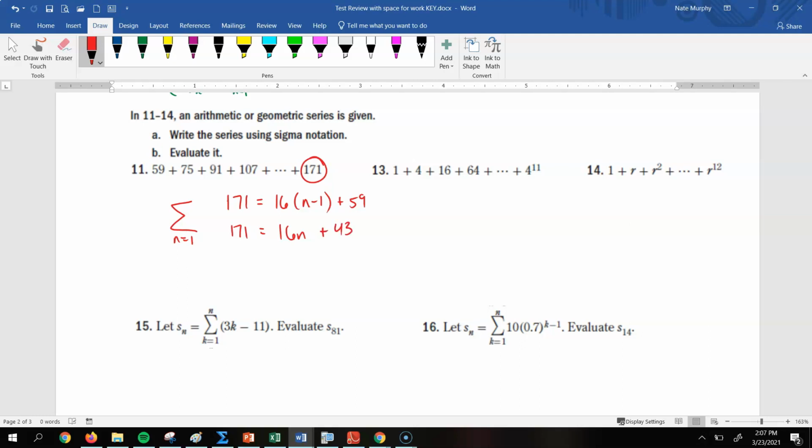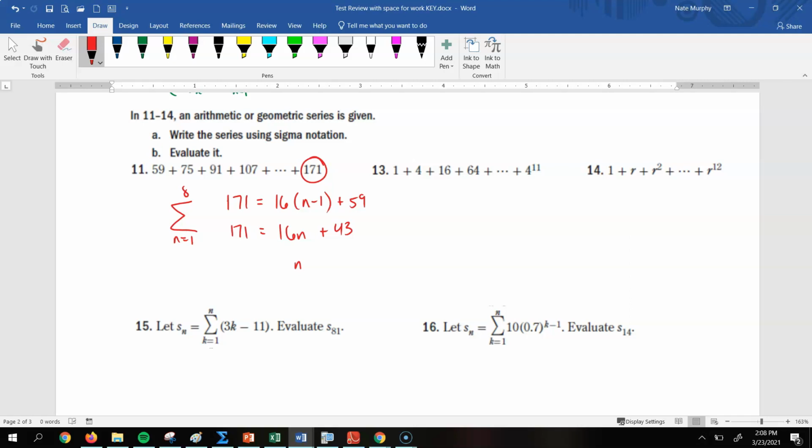And then, again, I'm trying to solve for n, so I subtract 43 from both sides, and you get 128. So now to solve for n, we would take 128 divided by 16. And you get 8. So that means that 171 is the 8th term in that series. Okay, so that was a lot of work just to find out what n would be.